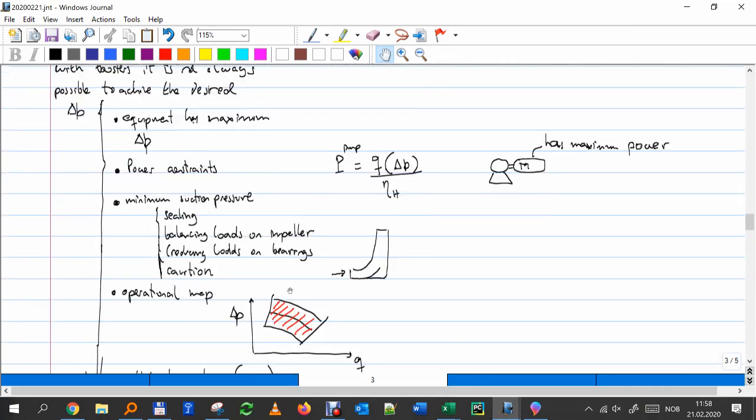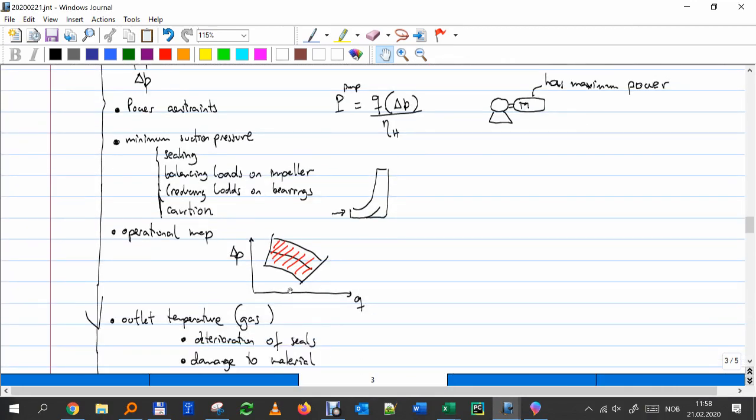Remember we have to go through all of these. We still have to check the power in a way that we can do it in Excel, not reading from the chart. This one, I think we have 10 bar in the exercise, that this pressure cannot go below 10 bar. And also we have to look at the map. That part will be a bit complex next month.